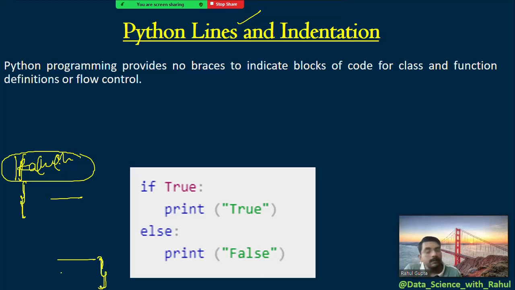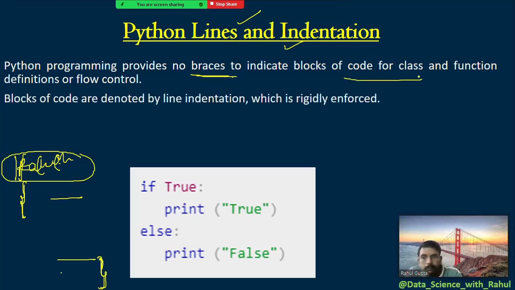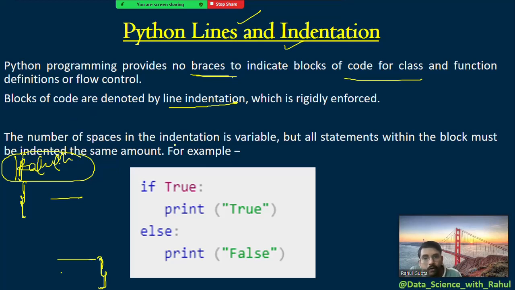But in Python we don't have any curly braces, correct? What we have is indentation. Python provides no braces to indicate a block of code for a class or function. Instead it provides indentation, which is the number of spaces.